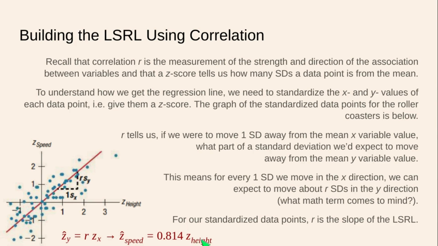So I take my standardized height, multiply by my value for r, which we saw earlier in the lesson is 0.814, and I get an approximation of what my line of best fit says my standardized speed would be. How many standard deviations above or below the mean speed I can expect to be.